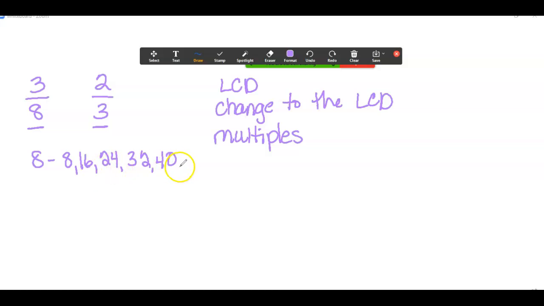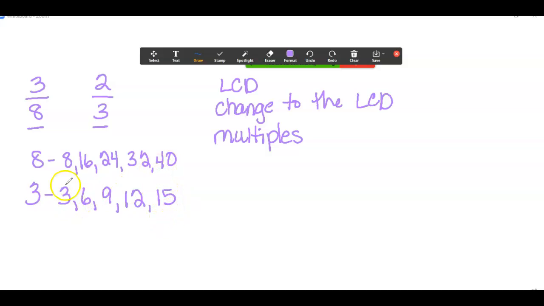Usually I stop at the 5th one, and if I haven't found a common denominator and I need to add more, I can. Okay, so next I'm going to look at 3. Well, the multiples for 3 are 3, 6, 9, 12, 15. So that's the 5th one.